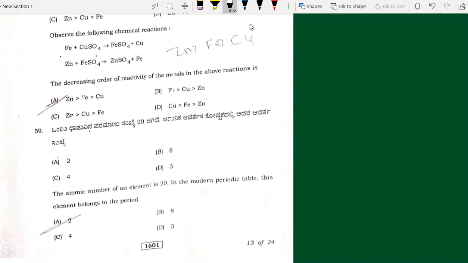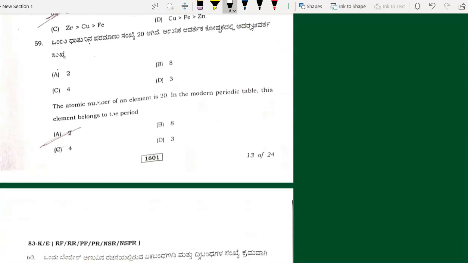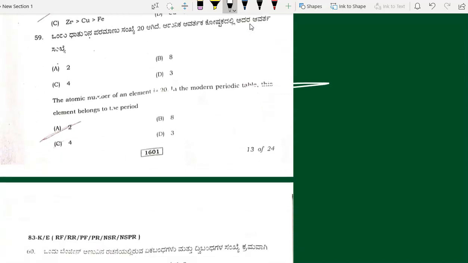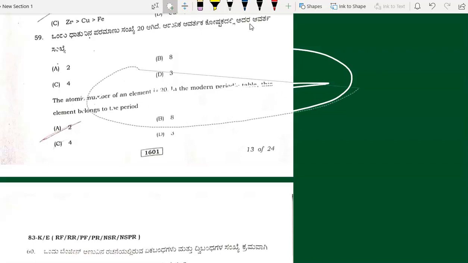Next, the atomic number of an element which is in the 20th group. Let's take the lasso tool and divide this.